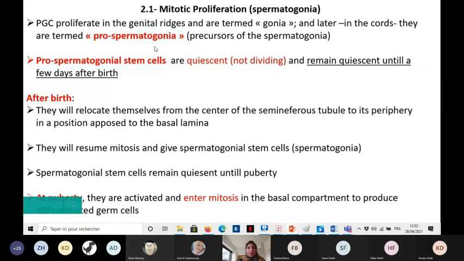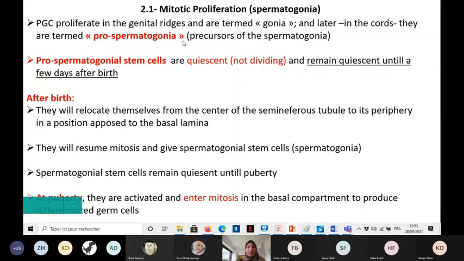Now the embryo will have prospermatogonial stem cells. At birth it will have prospermatogonial stem cells, which are quiescent, because those stem cells before birth divided a little bit for a while, and then they will stop dividing.